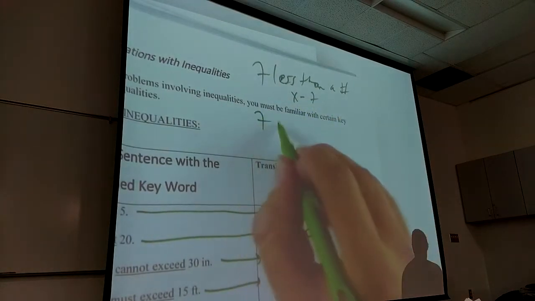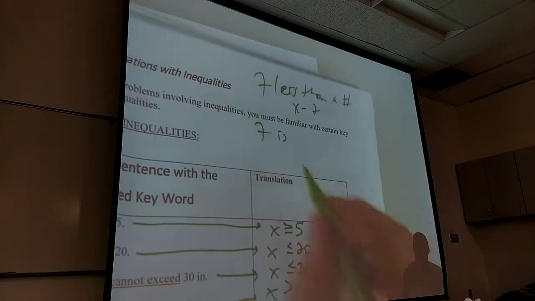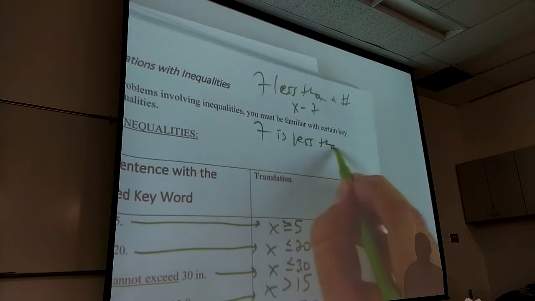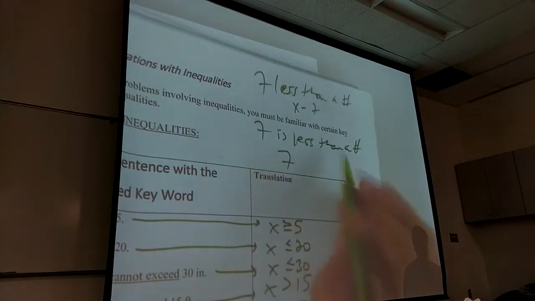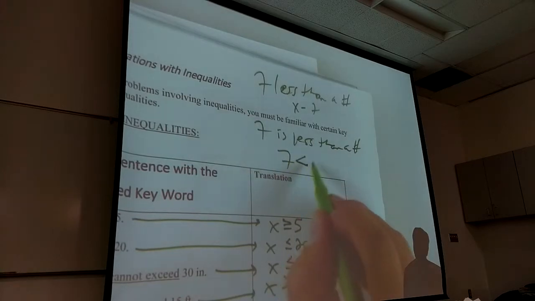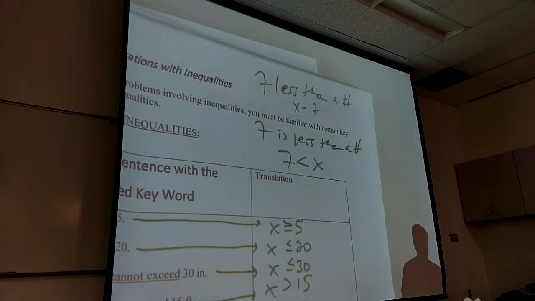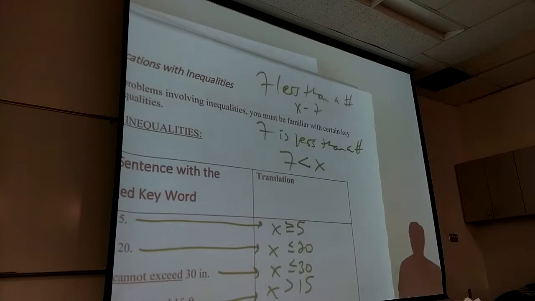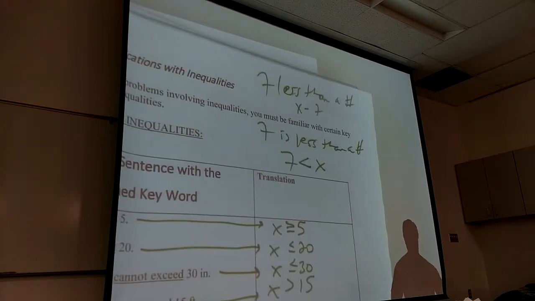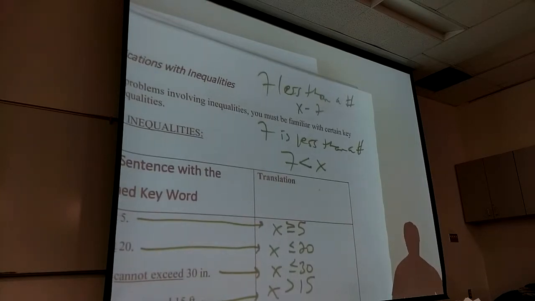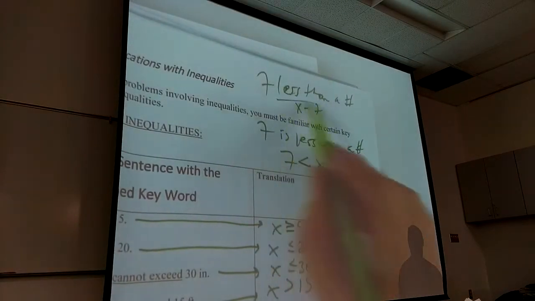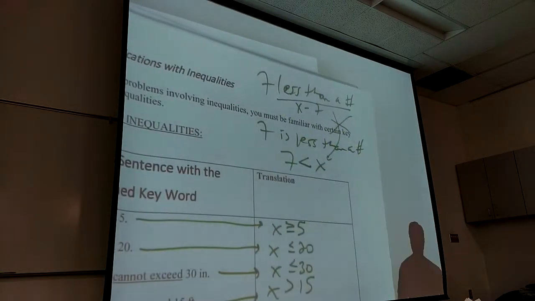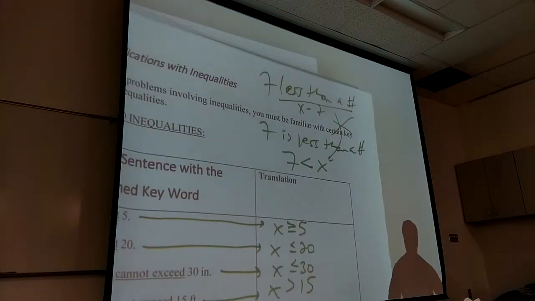What is 7 is less than a number? 7 is less than a number. There you go. So just adding "is" changes the idea. How are we doing? People always write this like that, and that's not right. Don't do that. Okay, cool.